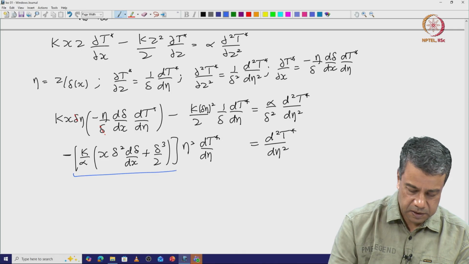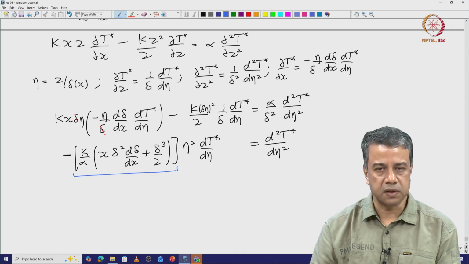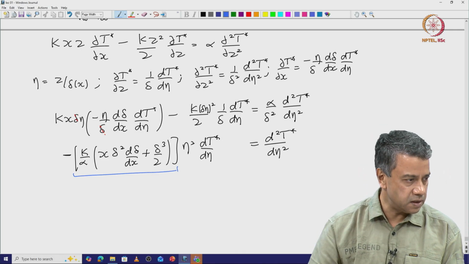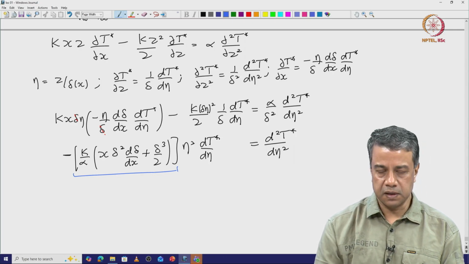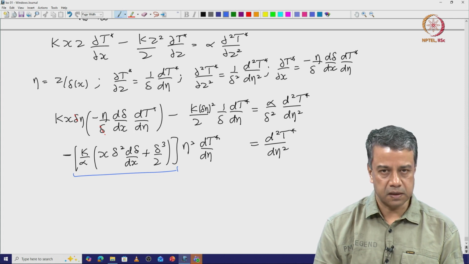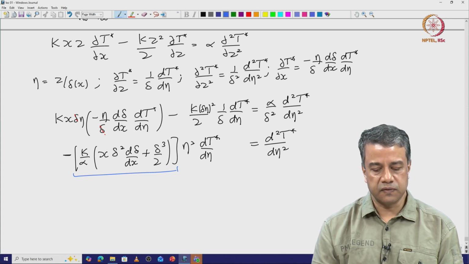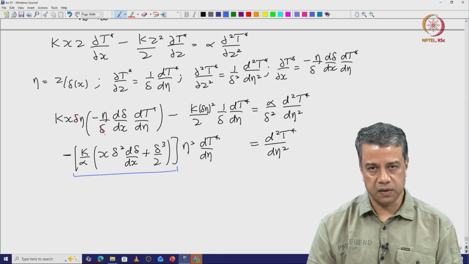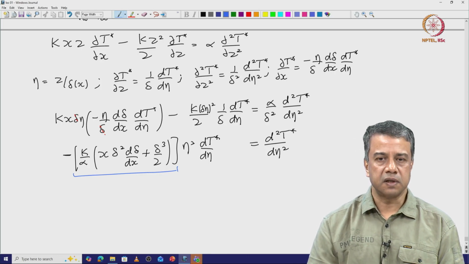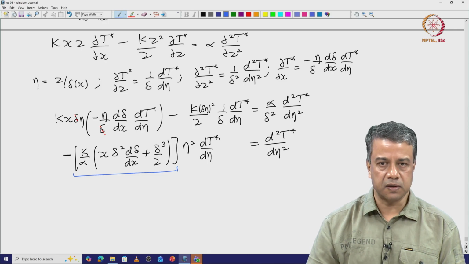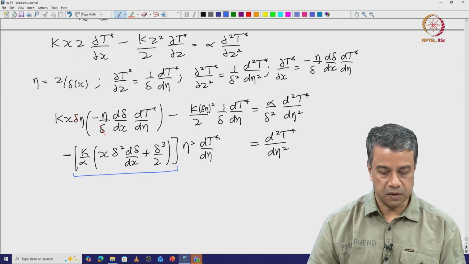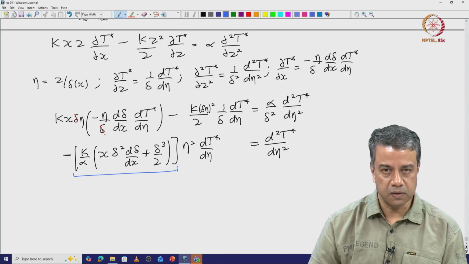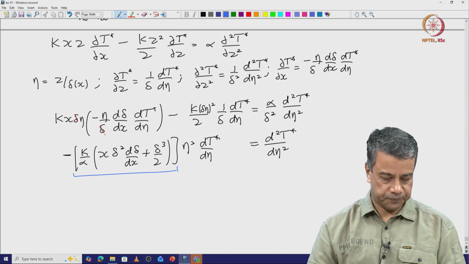This term has to be a constant in order to get a similarity solution. It can be any constant. The constant can be set equal to 1. The solution for the temperature in terms of eta will depend on the constant, and the solution for delta in terms of x will depend on the constant, but the solution for the temperature in terms of the original variables x and z will not depend on that constant. So, I can set that constant equal to 1 without loss of generality.